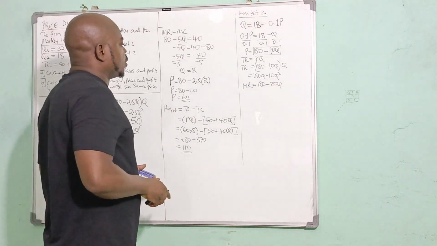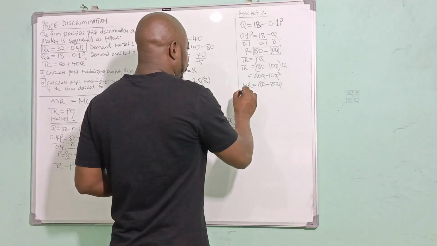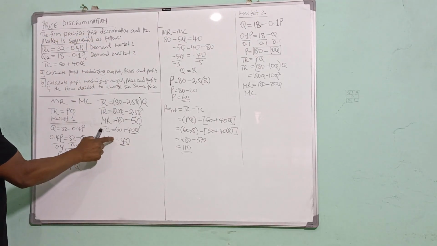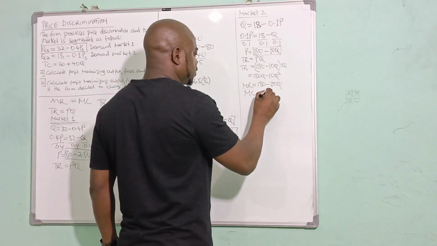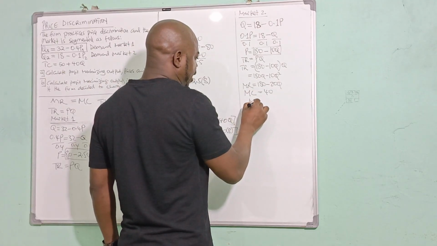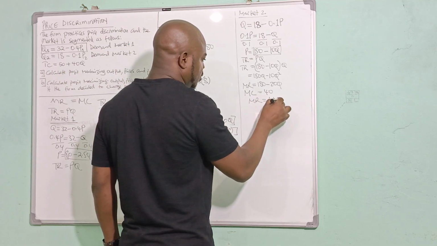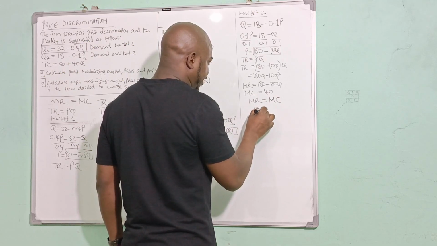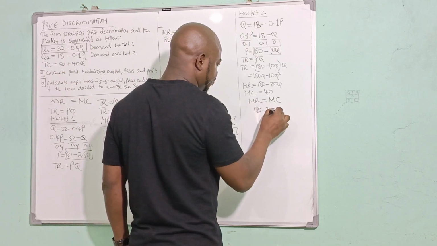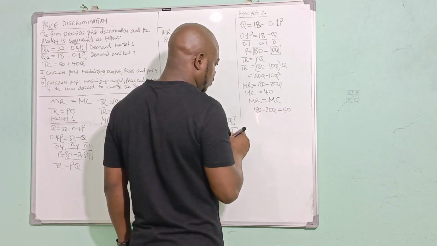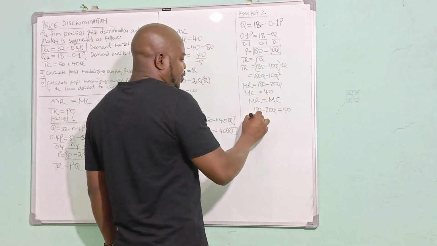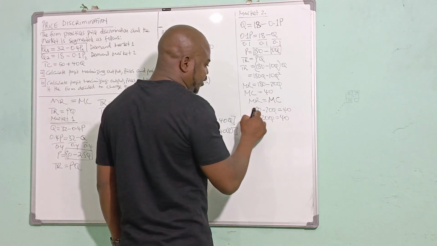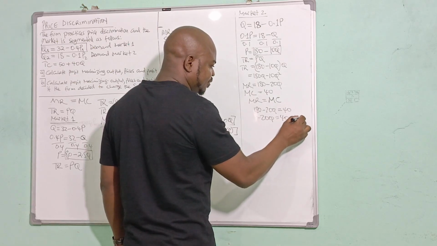Okay? From here, the marginal cost we already have, we calculated. Remember, marginal cost is 40. So MR is equal to MC. 180 minus 20Q equals 40. 180 goes that side to be negative.